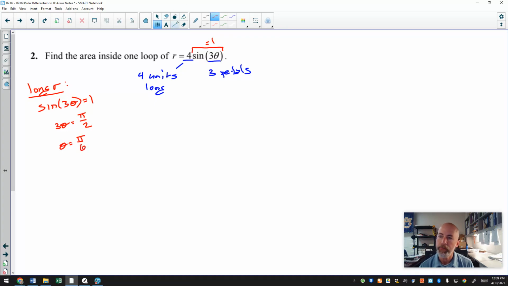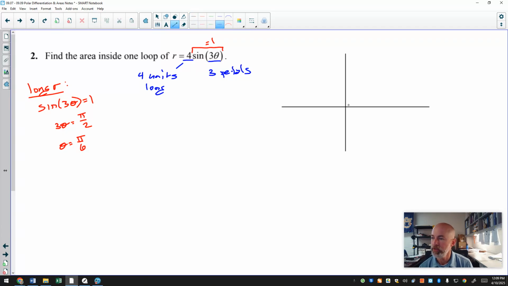And so now I can get a fairly accurate graph. And I want my first petal to be going in the pi over 6 direction. And it's going to be 4 units long. So I'll go out 1, 2, 3, 4. We're going to go from 0 all the way out to there, and then it's going to come back in. Pi over 6.